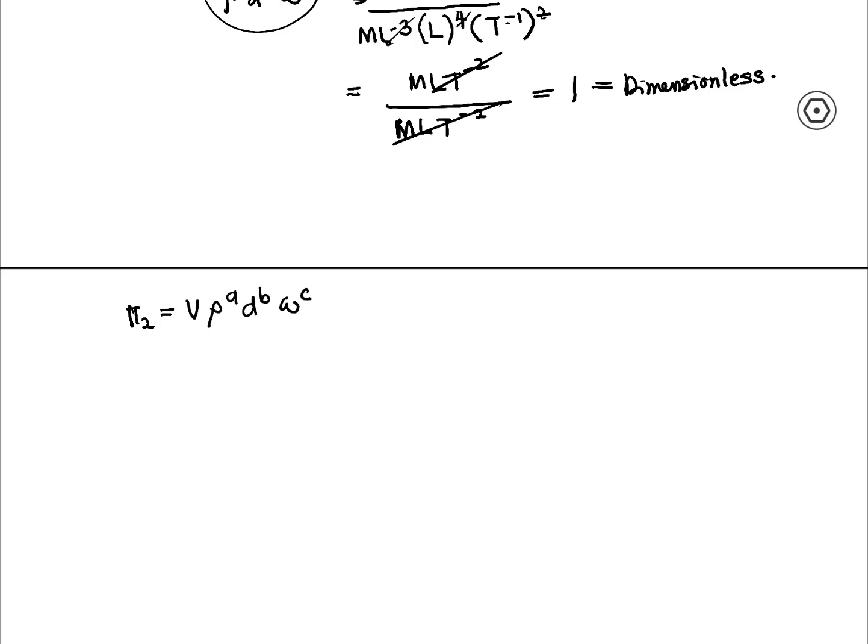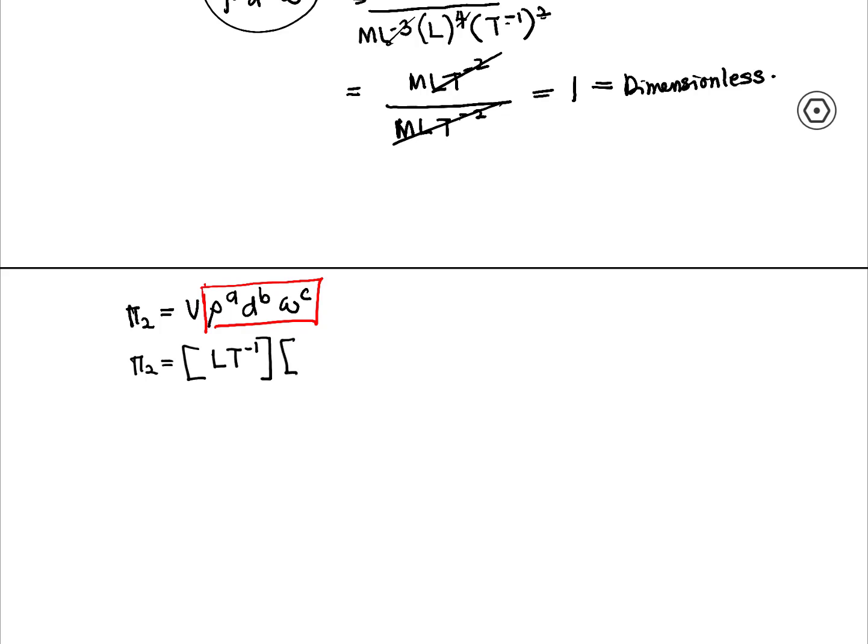This is the reason why these parameters are called repeating variables, because for every pi that we do, these parameters will be there to assist you to get a dimensionless group. So pi 2. What is the unit for velocity? L T minus 1, meter per second.